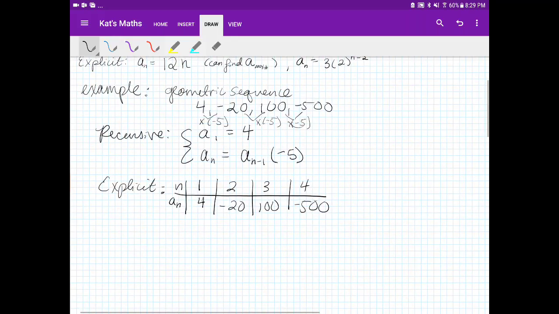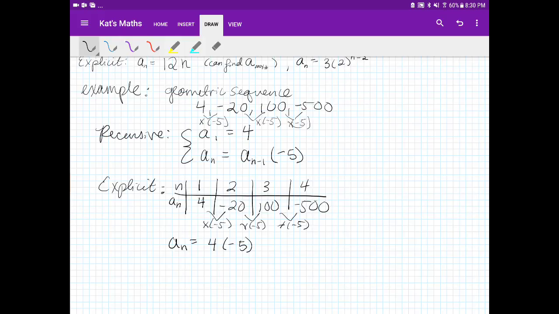For explicit, we want to write it in the form of a_n equals something that relies on n, not a_(n-1). So again, between each number, you multiply by -5. We know that when we start with 4 and multiply by -5, we want to get -20.